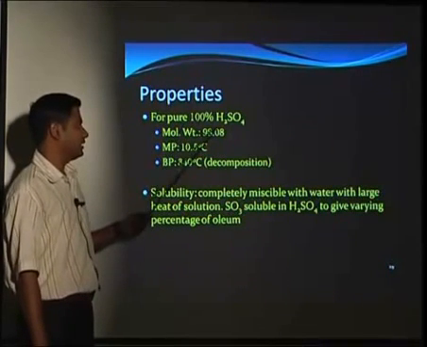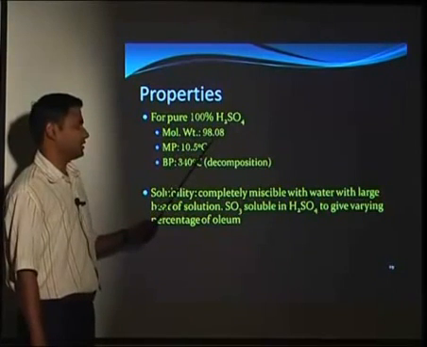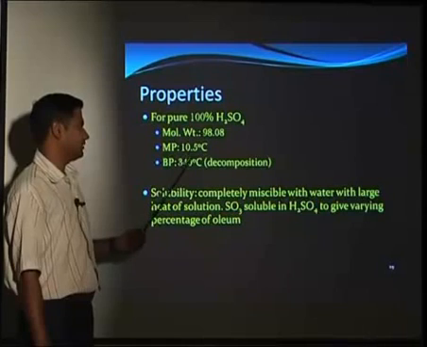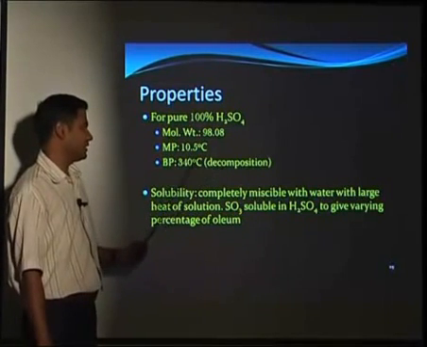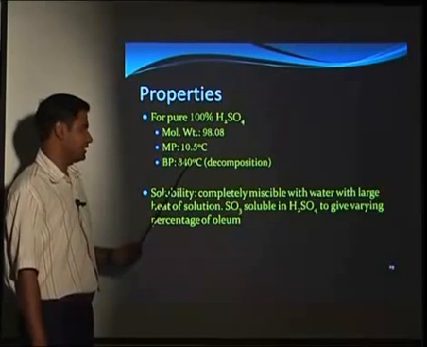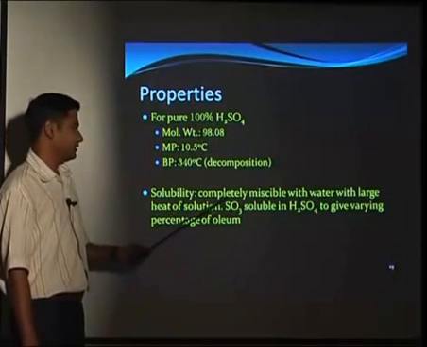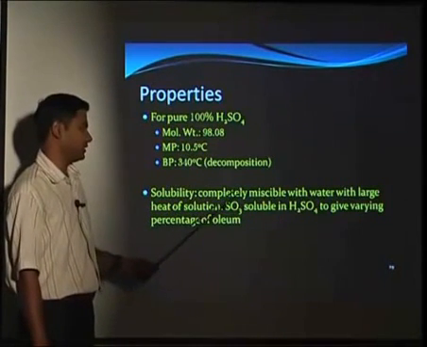If we see the 100% sulfuric acid properties, it has a molecular weight of around 98.08. It melts around 10.5 degrees Celsius and boils with decomposition around 340 degrees Celsius. If you see the solubility, it is completely miscible with water with a large heat of solution.